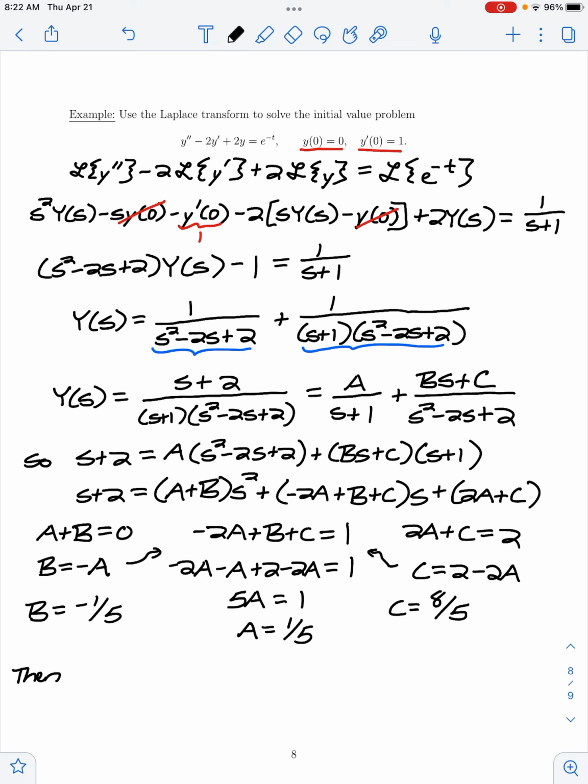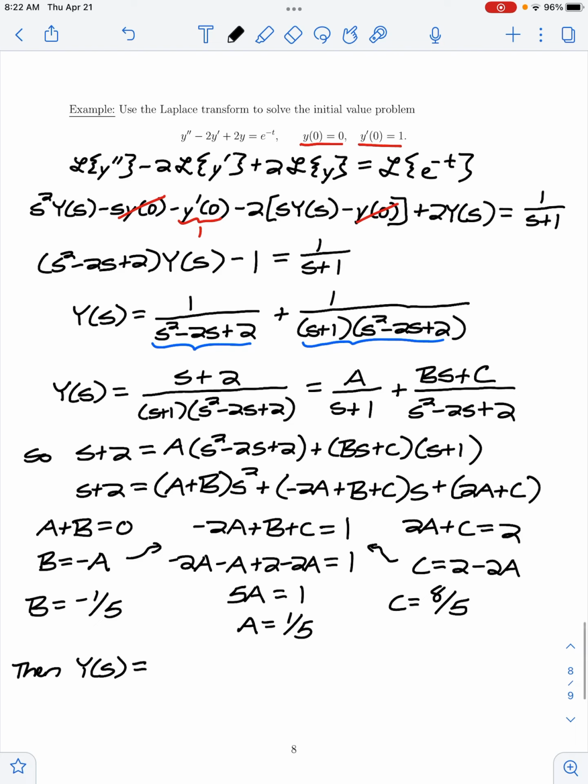So substituting these expressions back into our capital Y expression, we have a partial fraction decomposition of 1/5 over s plus 1, or 1/5 times 1 over s plus 1, plus bs plus c.